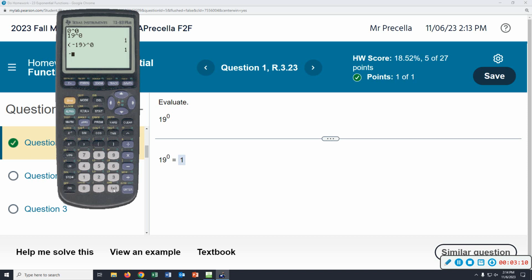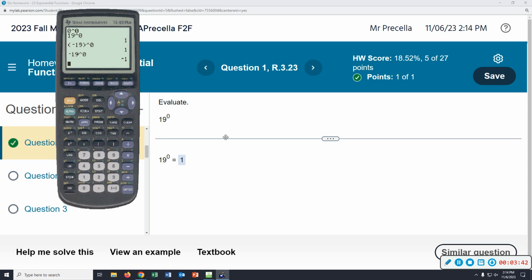But if we had that base enclosed in parentheses, please excuse my dear Aunt Sally, you do exponents before negatives. So when it's written without the parentheses, it's 19 to the 0, that's 1, and then sticking the negative in front of it. So if you have a negative base, it's important that it be written with parentheses.